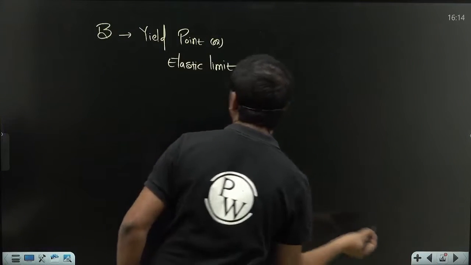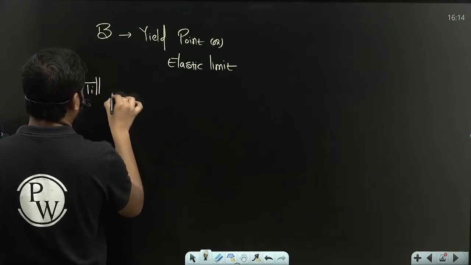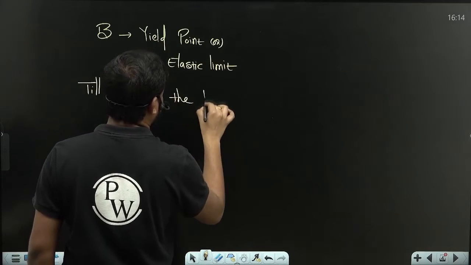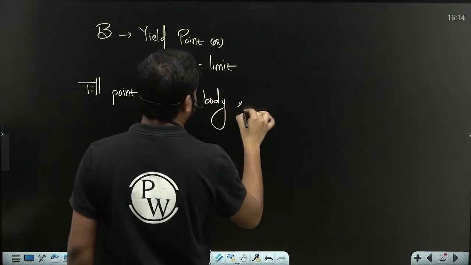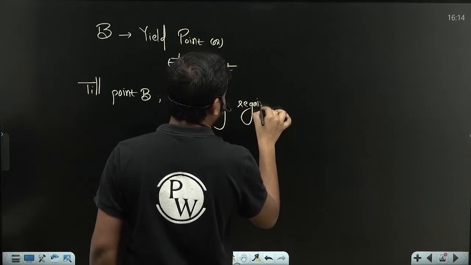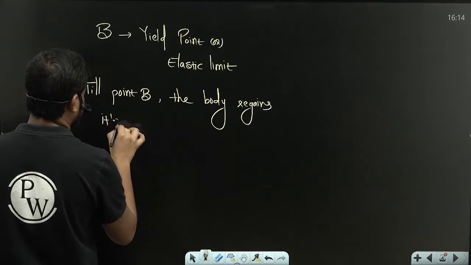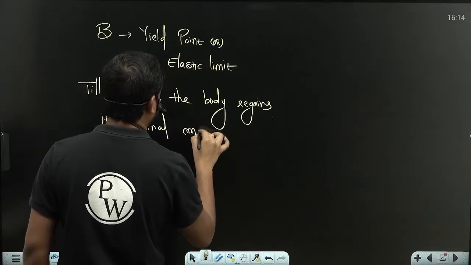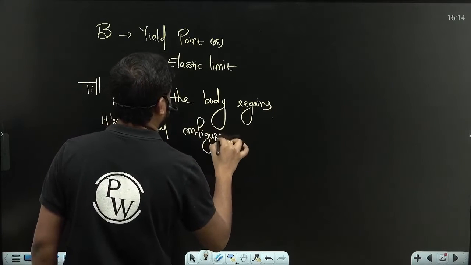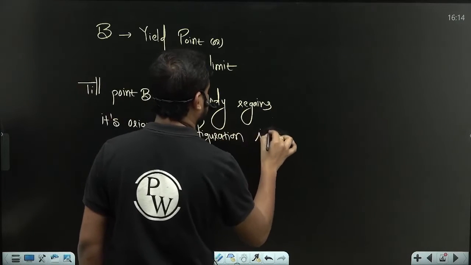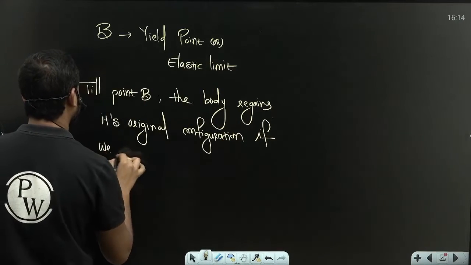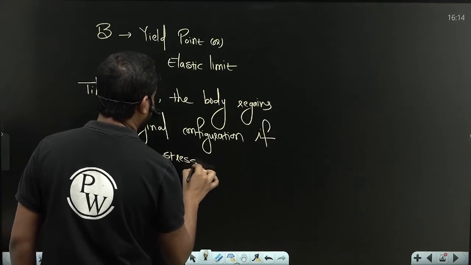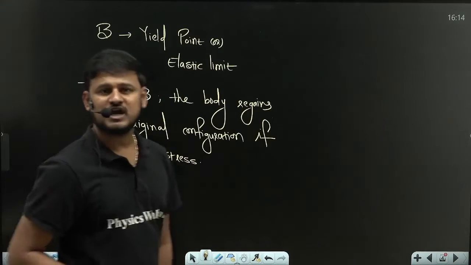Till point B, the body regains its original configuration if we remove the stress. So this point B is called the yield point or the elastic limit.